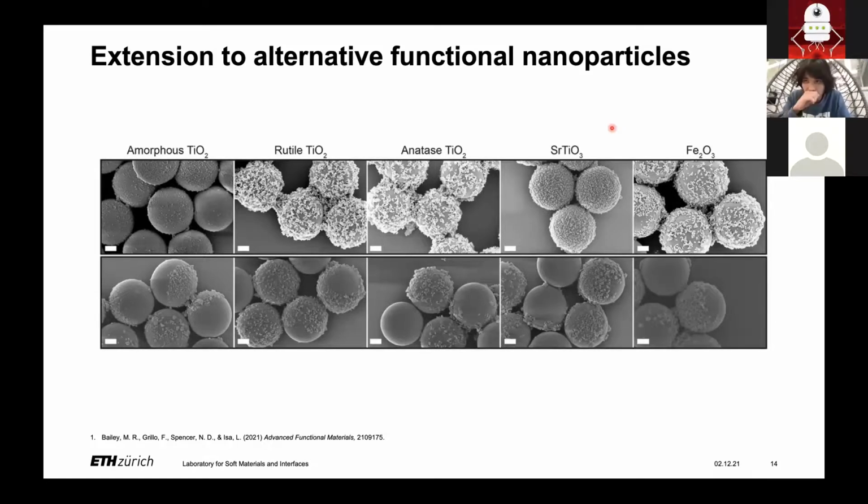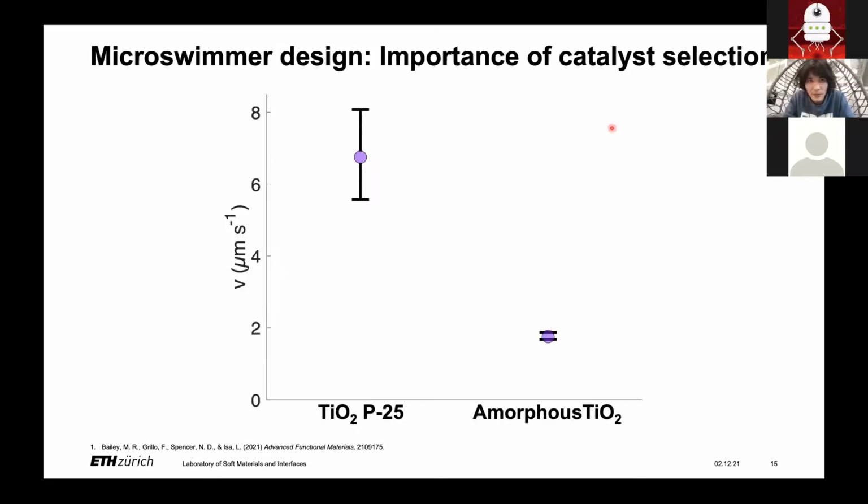And also on this point, we just, as a comparison to show the importance of catalyst selection and why thinking about these catalytic considerations, which are common in colloidal nanochemistry, are important to bear in mind, is that changing the nanoparticle, even just changing the phase of the photocatalyst that you use, can have a significant influence on its swimming activity. And this is on the basis of photocatalytic activity.